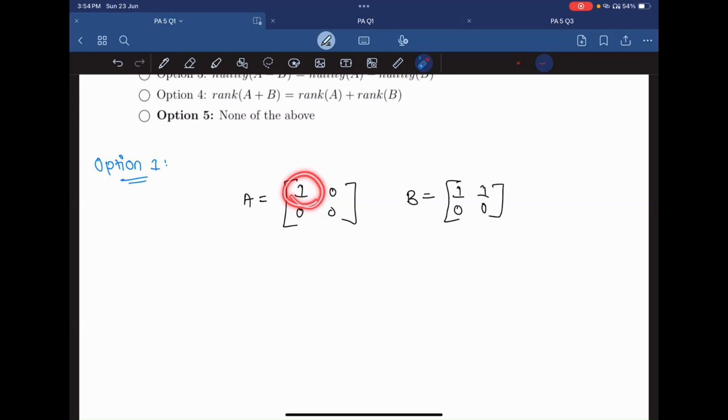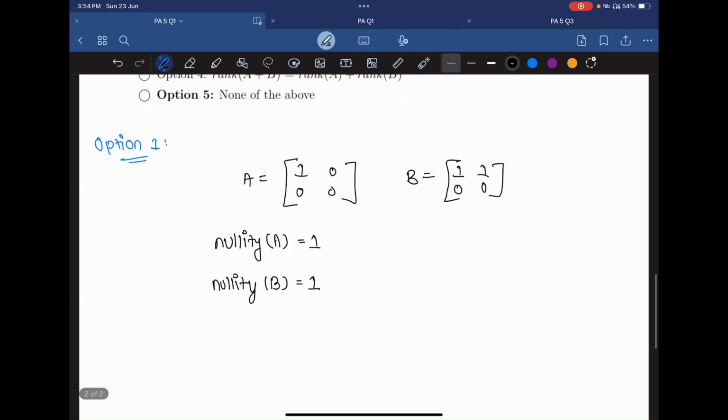So the rank of A is 1 and the nullity of A would be 1 as there's one independent variable. Similarly, nullity of B is also equal to 1.